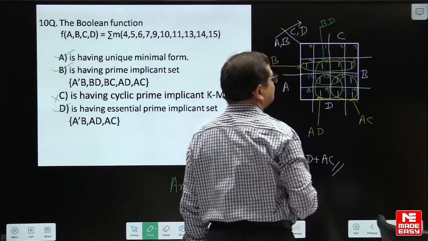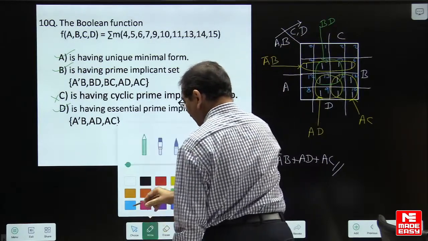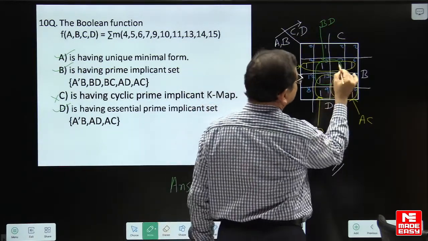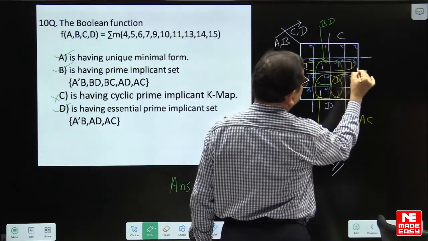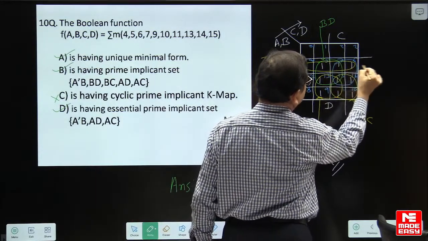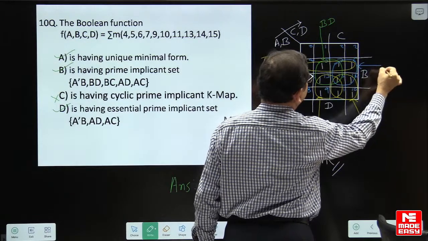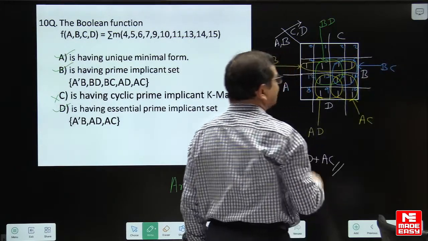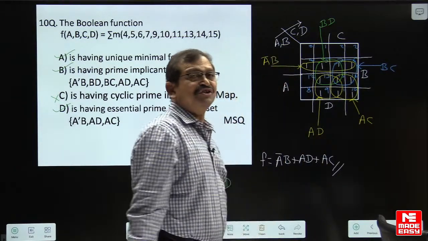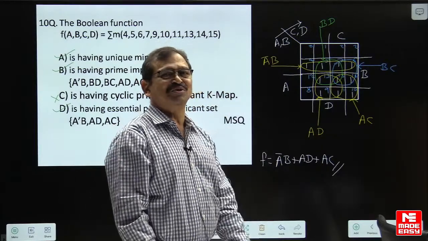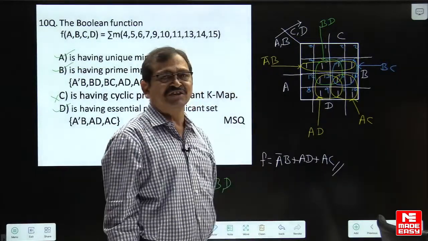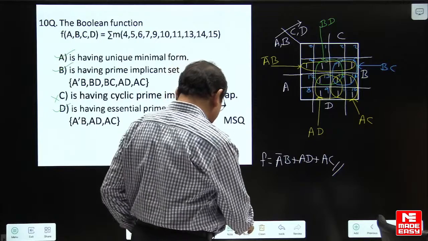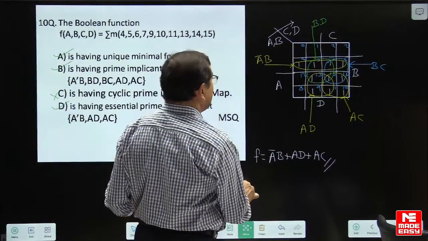And also we are having coverage of 14 with this 4 cell subcube, which is giving BC. So on the whole, these are the only 5 largest size subcubes, and from this we are able to recognize the prime implicant set.